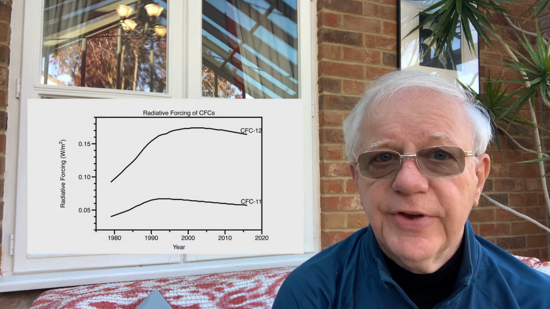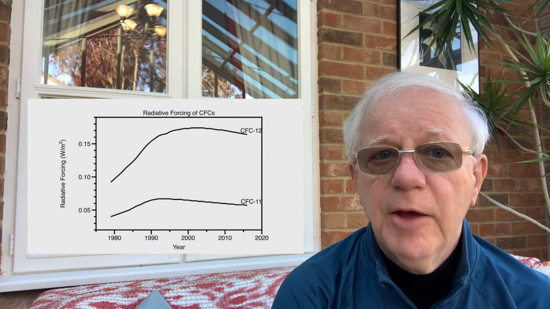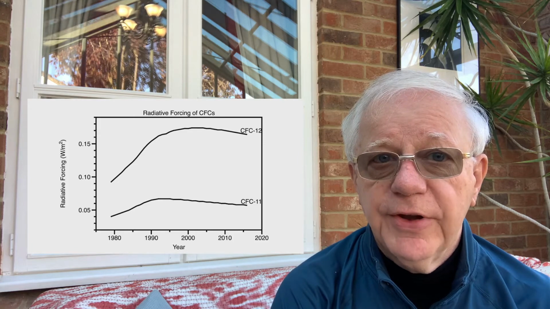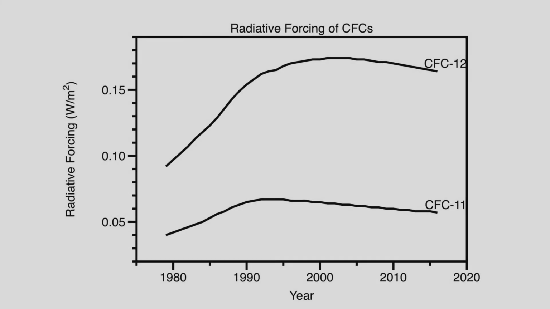The effect on the measured values of radiative forcing is also evident. In the early 1990s, the RF of CFC11, which has a residence time of about 45 years, passed through a maximum. The residence time of CFC12 is longer, 100 years, but it too reached a maximum in the 2000s. The residence time of a gas in the atmosphere is very important.